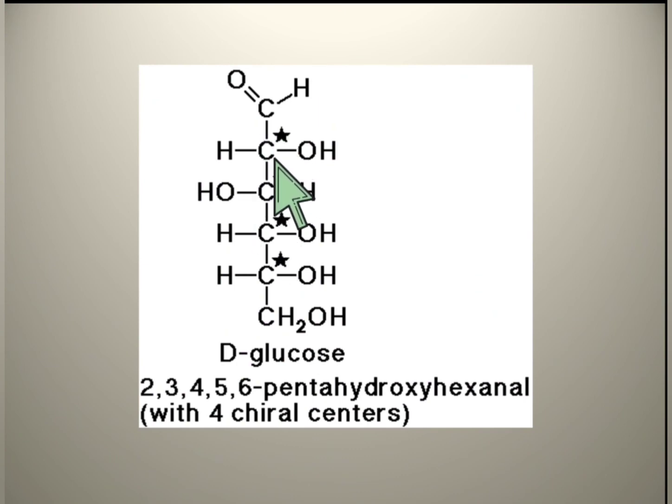Here there are 4 chiral carbons, so that means there will be 8 optical isomers of D-glucose. Since for each chiral carbon there are 2 optical isomers, so 2, 2, 2 and 2, it will be 8 optical isomers.